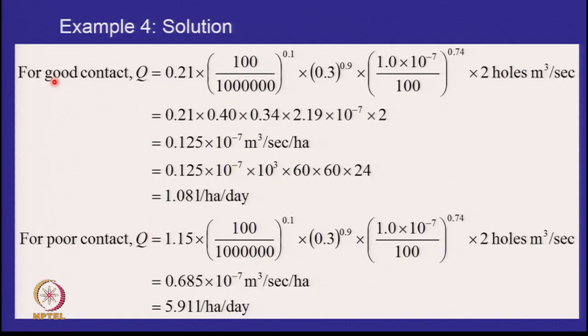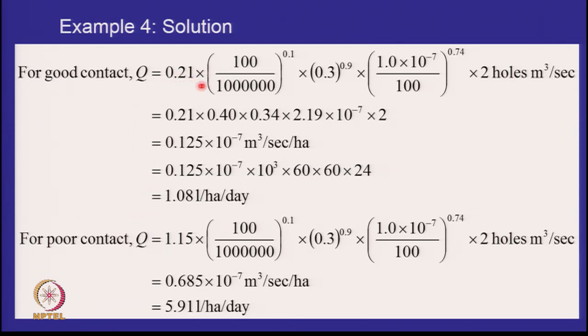So the computations shown here give you 1.08 liters per hectare per day for good contact and 5.91 liters per hectare for poor contact. Please confirm this. Anybody has got these values?